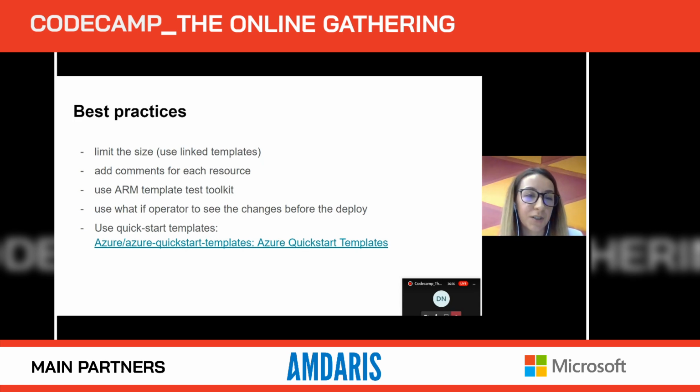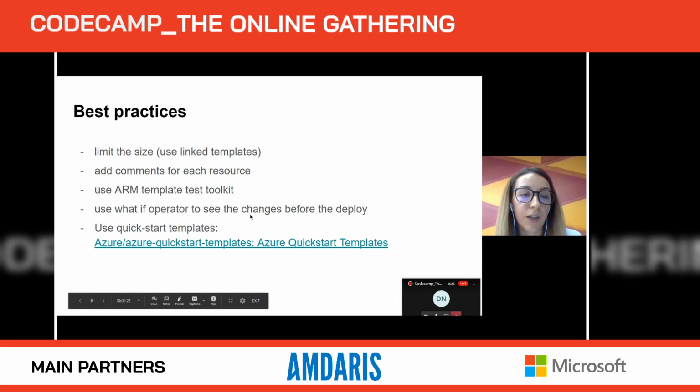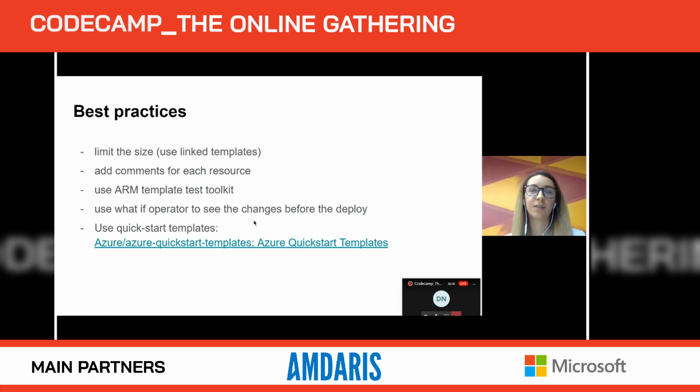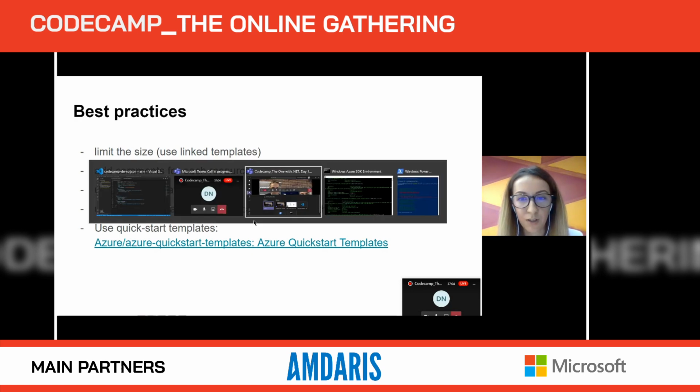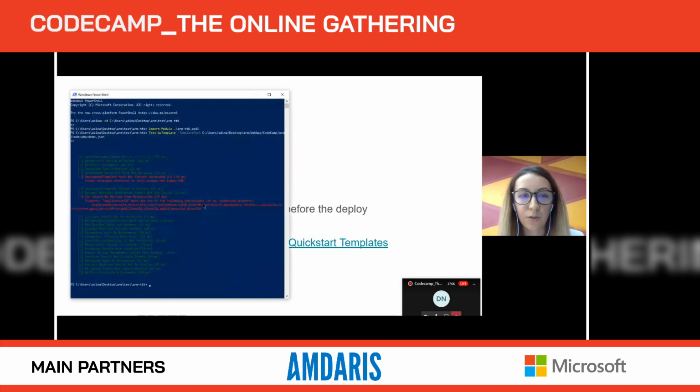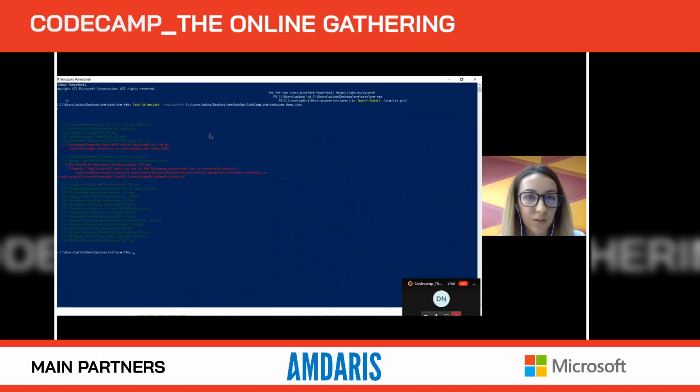It has some initial test cases defined, but you can add more or remove or edit them as you want. And there's also a what-if operator, which is like a sneak peek into the future. It will take the resource group that you have, if you deploy to a resource group, and the template, and make a diff between the two of them, and will show you what will happen if you deploy this to that resource group. Maybe we can have a look at these two things. So this is, I'm not sure if you can see it.